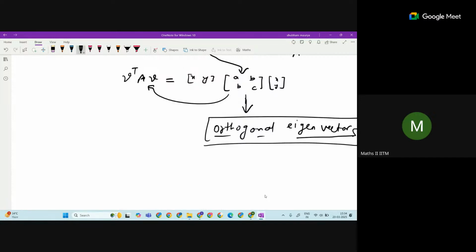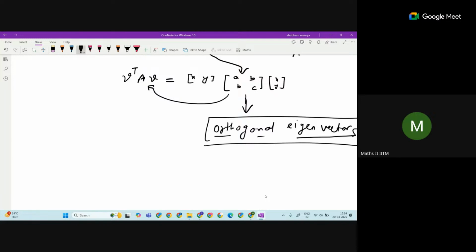Week 8 is over, and I have seen many of your quiz 2 results. I have checked some copies also. Many of you are not able to find the eigenvalues and eigenvectors. One simple circulant matrix was there. There was even no need to find the eigenvalues and eigenvectors. If you use just the property of the circulant matrix, you can easily get one eigenvalue and one eigenvector.